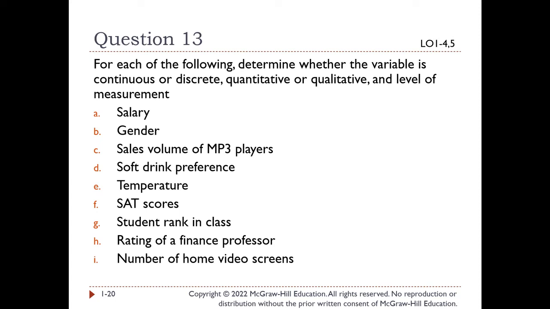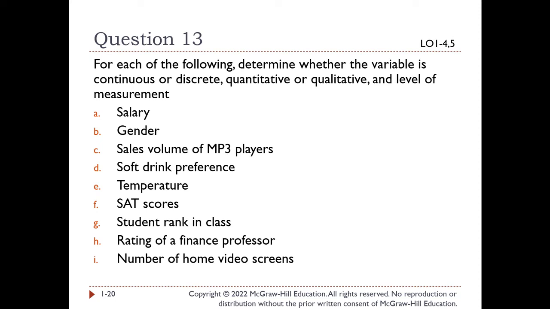Soft drink preferences, that's going to be qualitative. So again, cannot be discrete or continuous. It will probably be set on an ordinal aspect because we are dealing with rankings with preferences.